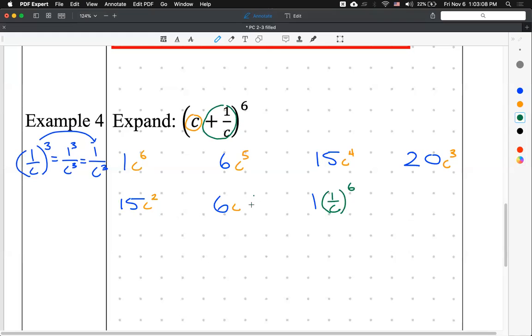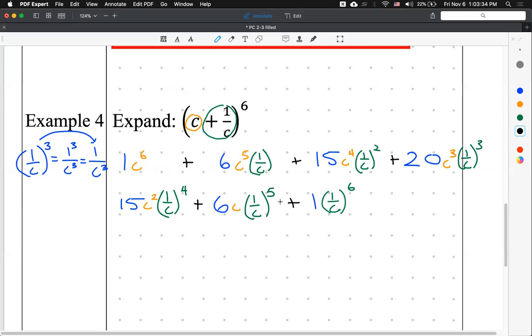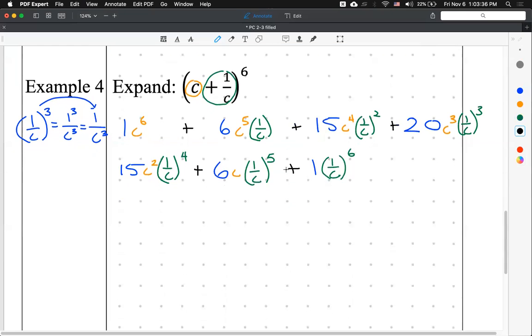And then this is going to be 1 over c to the power of 5, 1 over c to the power of 4, 1 over c to the power of 3, 1 over c to the power of 2, 1 over c to the power of 1, which is just 1 over c, and then there is no term here. I probably spaced these out too much, but that's okay. So the default sign in between each of these is a plus symbol until you're proven otherwise. There's no negatives that we have to worry about, so it is going to stay a plus symbol.